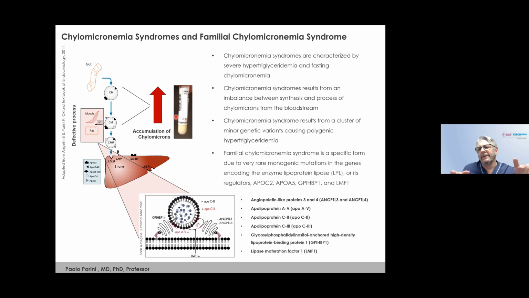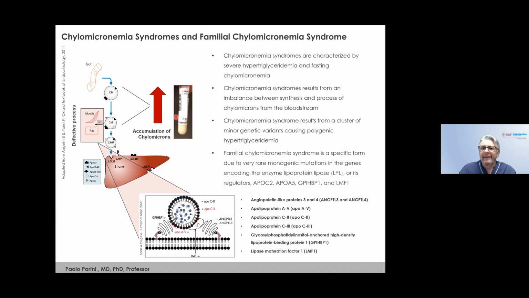If the synthesis of chylomicrons is not counterbalanced by the catabolism of triglycerides, breaking down the triglycerides, the process gets very much enlarged in terms of time, so that I accumulate chylomicrons also in a fasting condition.